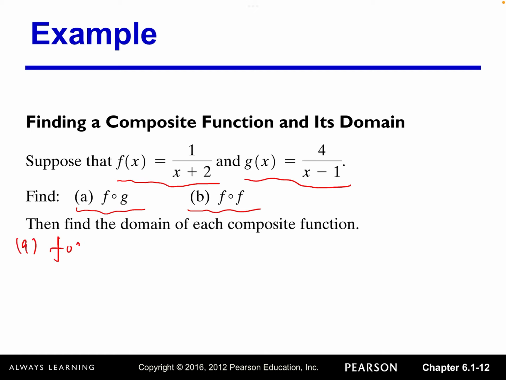Okay, f composed with g is equivalent to f of g of x. f of x is the outer function, g of x is the inner function, right? And then we substitute g of x, which is f of 4 over x minus 1.